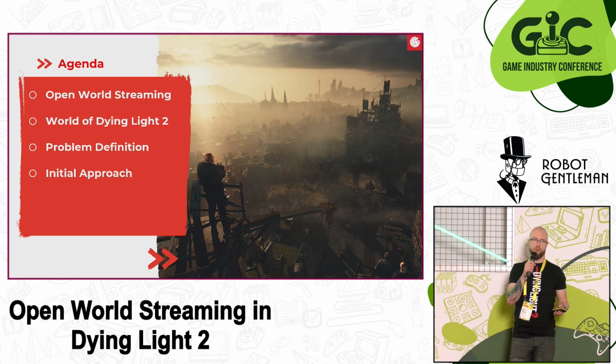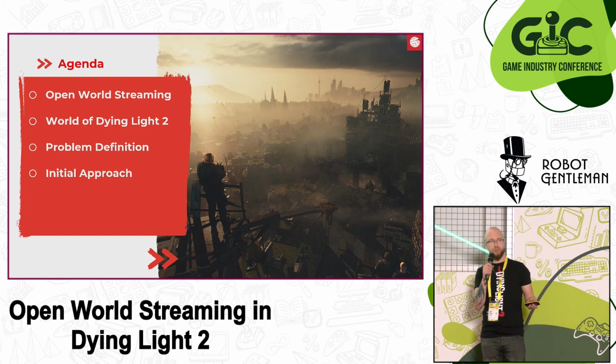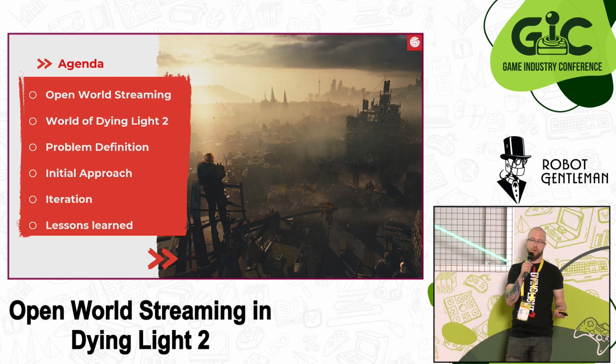Then I will show you our initial approach to open world streaming in Dying Light 2. And then I will tell you what didn't work and what we had to change in order to make it work in the final product. In the end, I will tell you the takeaways for me, the most important lessons that we learned during this development.